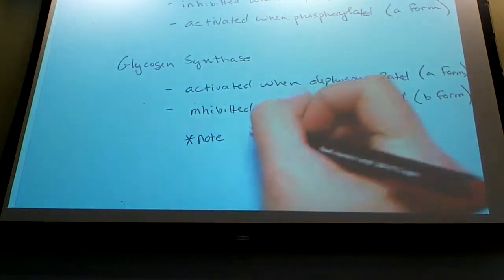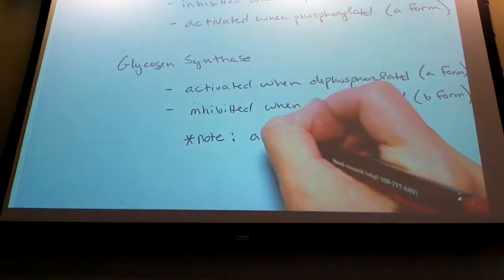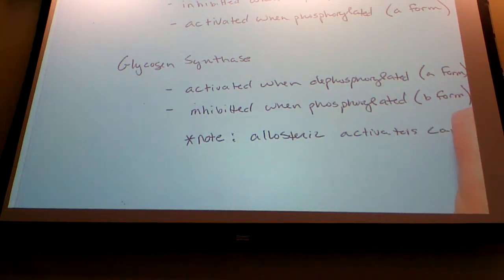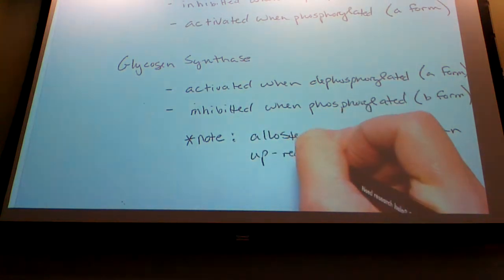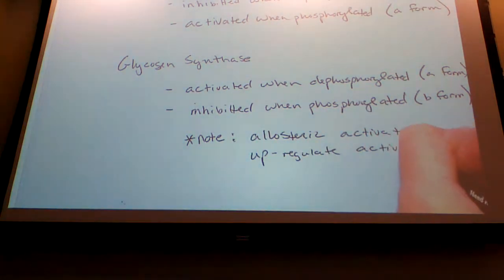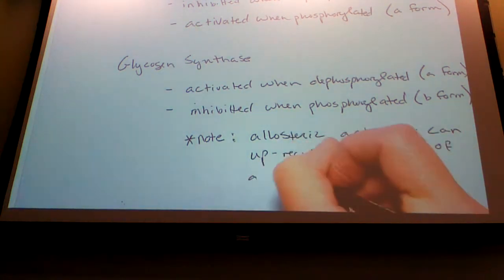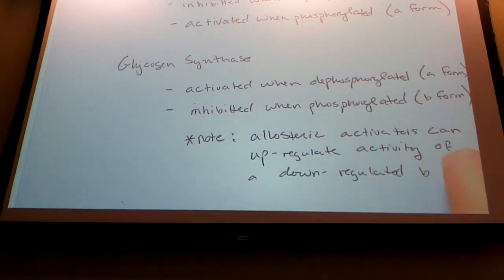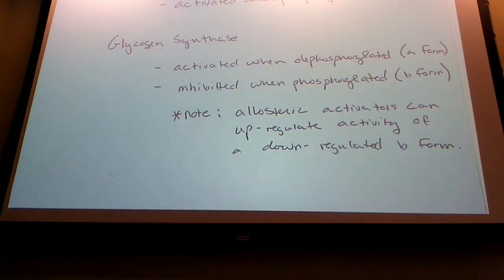So down here, allosteric activators can upregulate activity of a downregulated D form. There was a question on the second homework to that effect. These are two separate levels of control: the allosteric control and the phosphorylation control. And so it's better to say inhibited because there might be some basal activity there still.